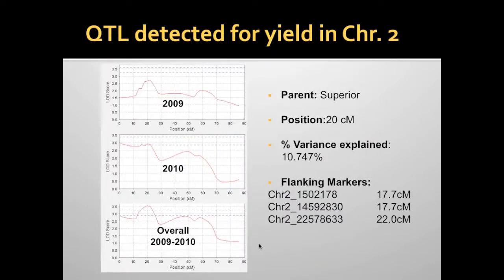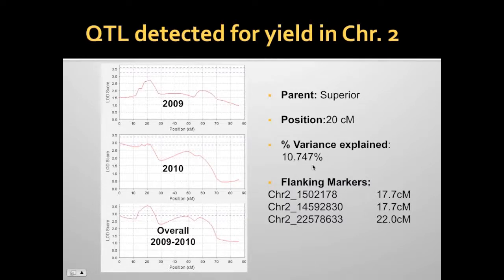And I have another example for yield in chromosome 2. This comes from Superior. In 2009, the peak didn't go above the threshold. In 2010, there was a peak, but it wasn't very clear. But in the overall analysis, we can see that it is a QTL and it goes above the threshold.